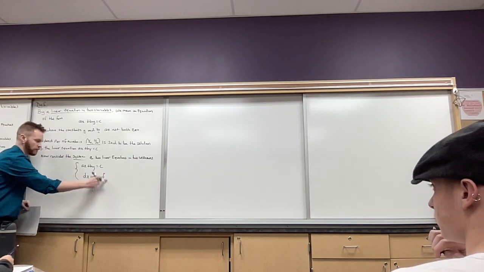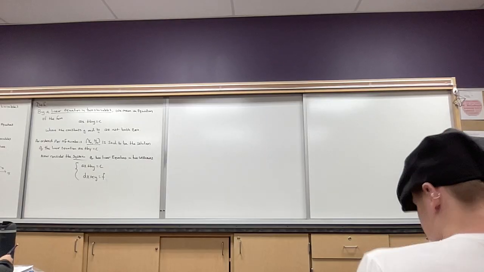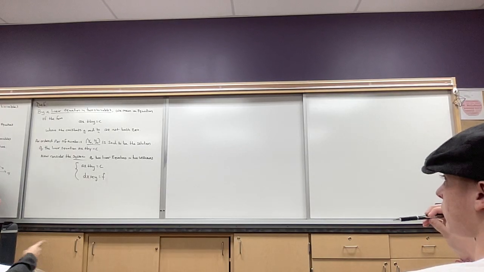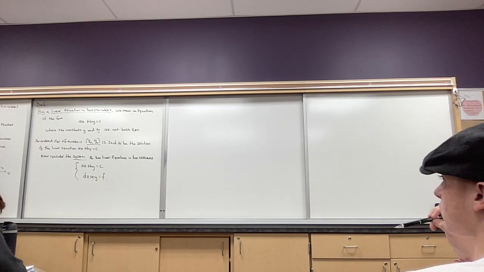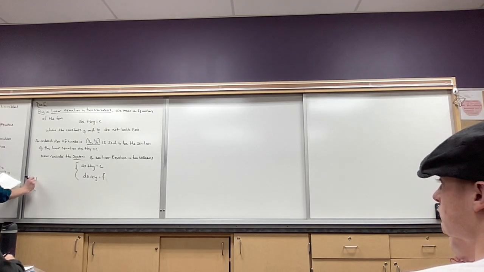So just looking at a generic system, we have just two linear equations with their coefficients of a, b, d, and e, and c and f are what they're both equal to. So graphically, we can see that these two would be lines. And we want to know graphically where those two lines intersect. Okay.